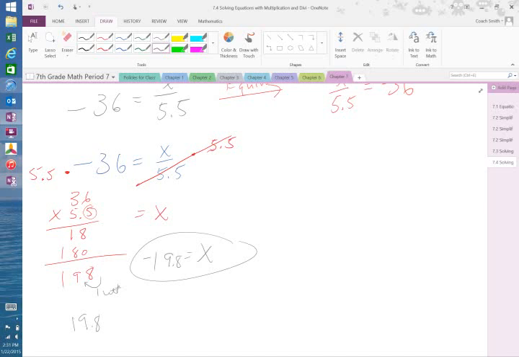Did I copy it down wrong? Oh, that's right, because I'm dealing with 36, not 3.6. That is 198. Okay? So that's supposed to be 1 over.